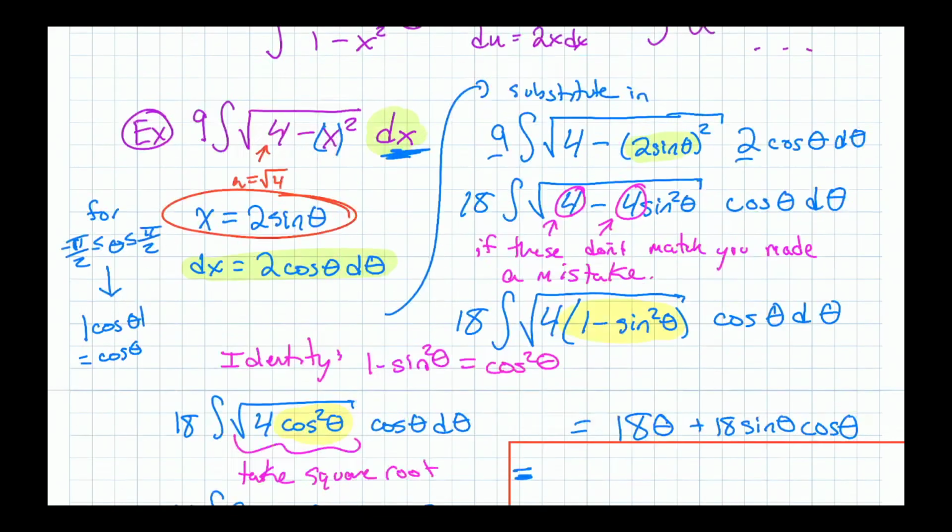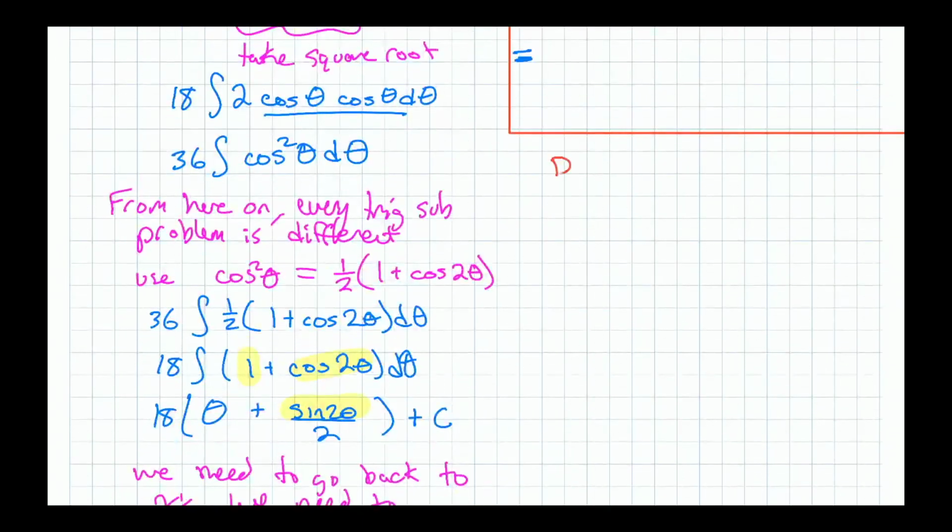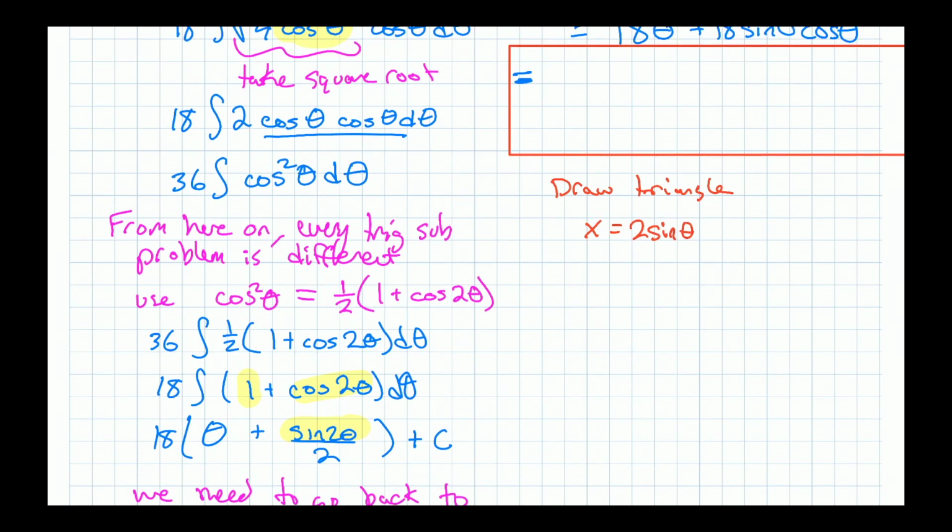x is 2 sine theta. So let's draw our triangle. x equals 2 sine theta. We need the sine theta by itself, so divide by 2: x over 2 equals sine theta.